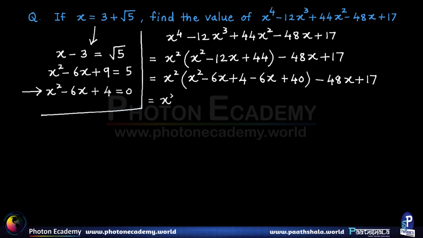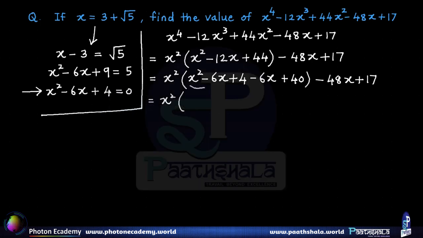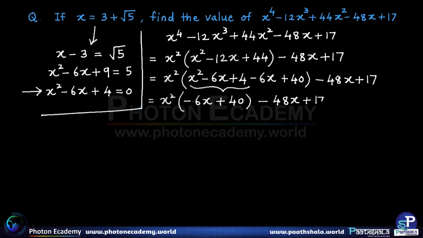So that gives us x square into, now the first three terms will vanish to 0, so we are left with minus 6x plus 40, minus 48x plus 70.